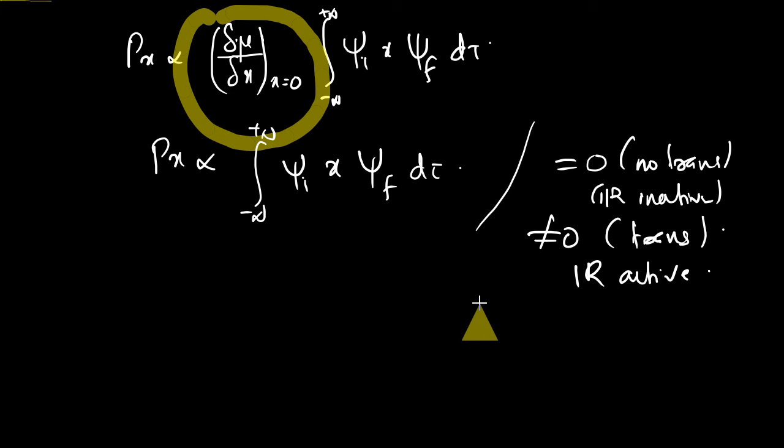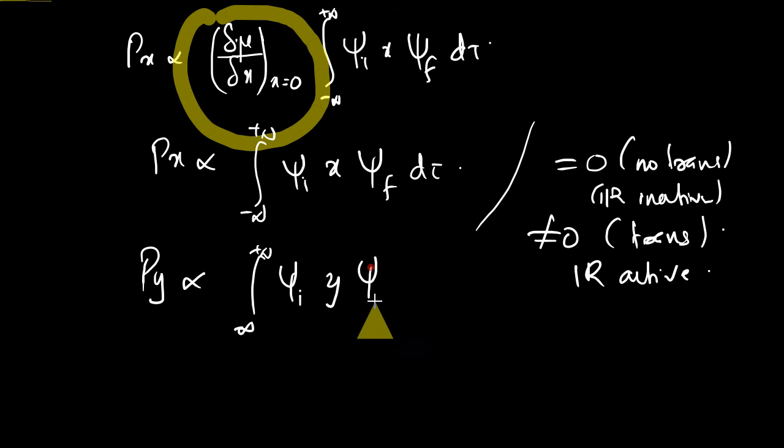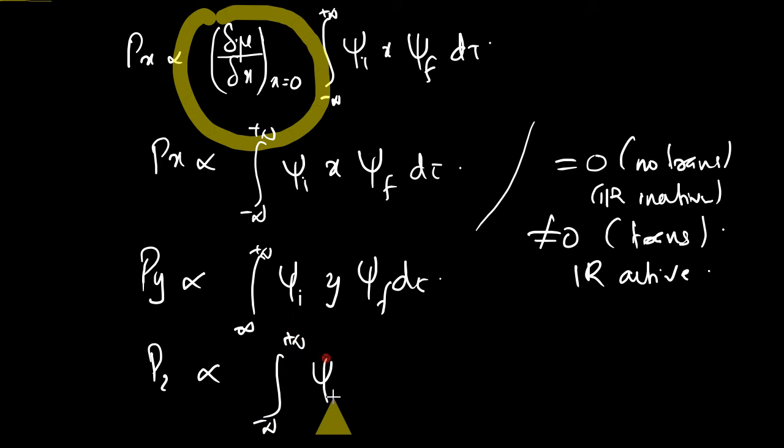So for a transition to be IR active, a component like this should be non-zero. It doesn't have to be Px; it can be Py or Pz. Py is proportional to integral minus infinity to plus infinity psi_i y psi_f d tau, and Pz is proportional to integral minus infinity to plus infinity psi_i z psi_f d tau.